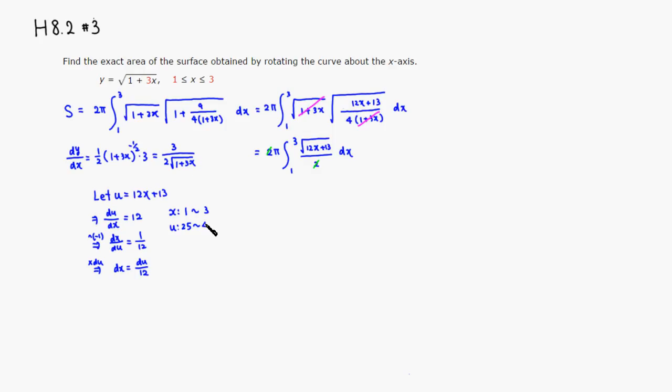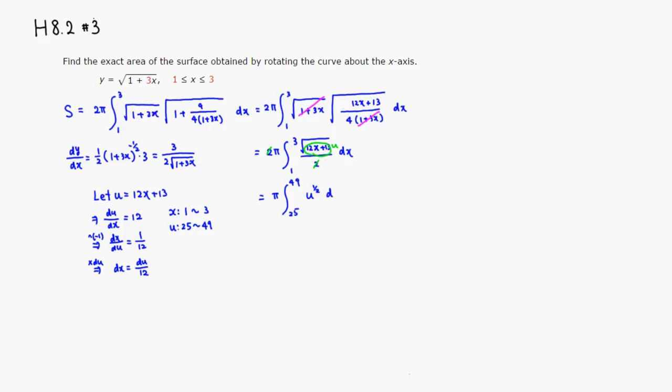So this is going to be pi integral from 25 to 49, and we decided to call this guy u, so it's going to be the square root of u. I'm going to write it as u to the 1/2 power with respect to x. Oh, actually, sorry, I messed it up.